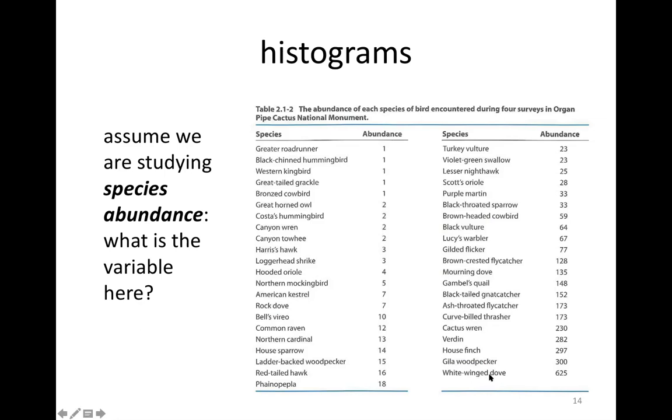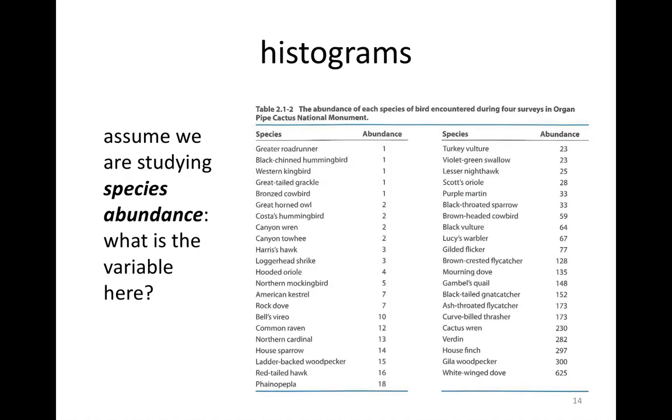So we might not be interested in the species per se, but in the overall abundance of species. So we might be interested in the question: do there exist many species which are very frequent, or many species which are very infrequent, relatively?